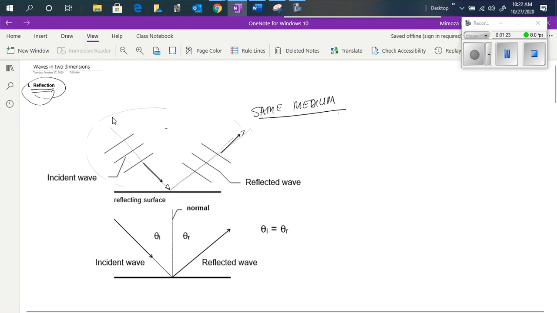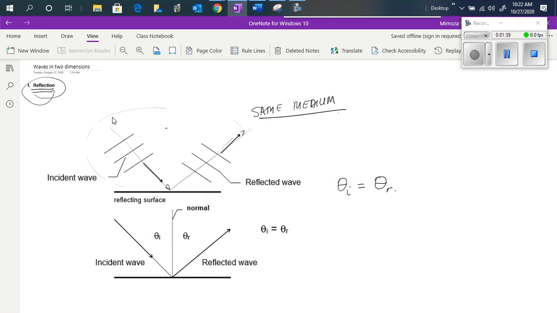The reflection is governed by the law of reflection, which says that the angle of incident is equal to the angle of reflection.